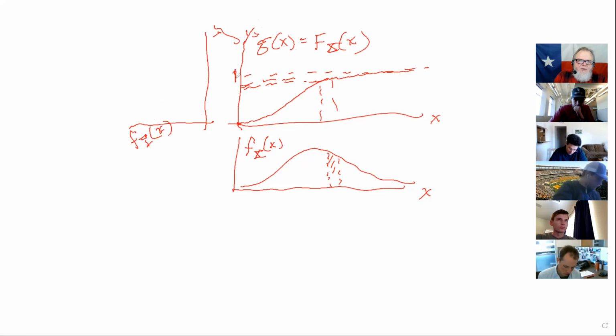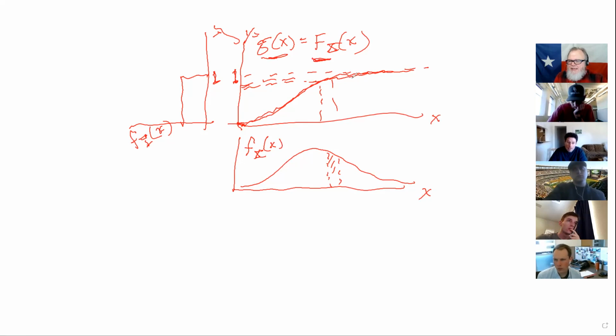We know that the cumulative distribution function goes asymptotically from 0 to 1, right? So whatever that mapping is, it's going to go between 0 and 1. There's going to be no mapping for y greater than 1, or y less than 0. You can just see it doesn't bounce off there. And so what we wanted to show is that this transforms to a uniform random variable when little g is equal to big F. Did anybody get this?